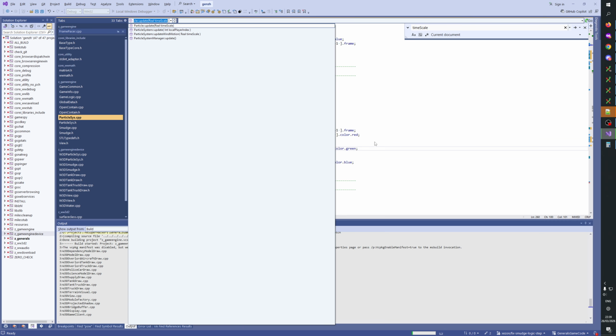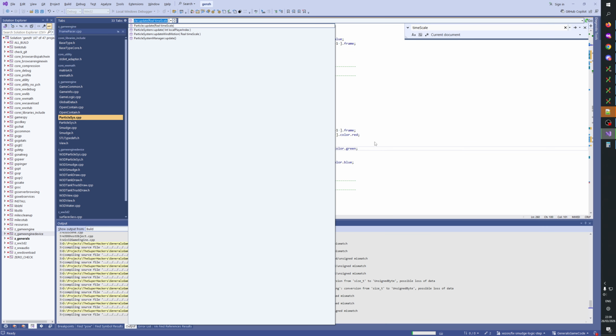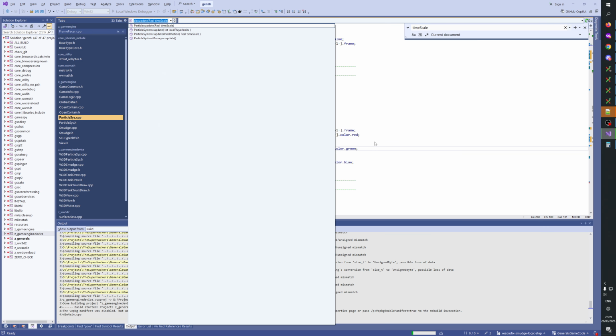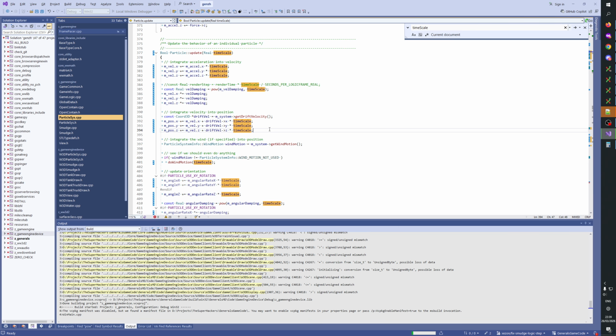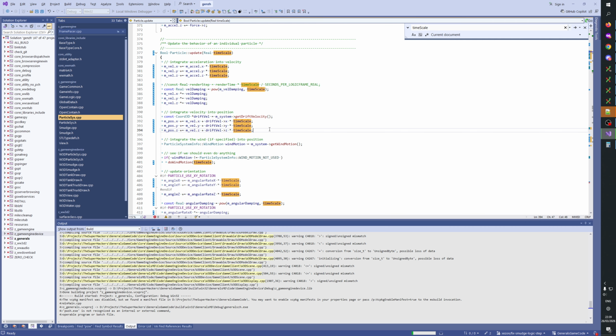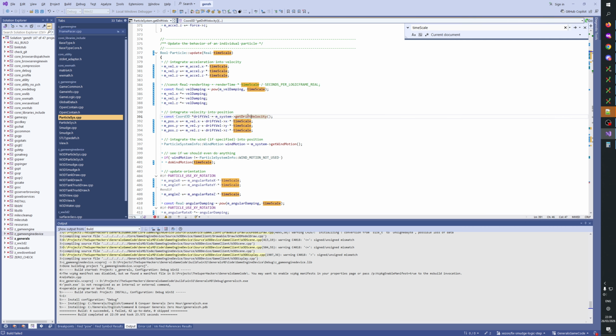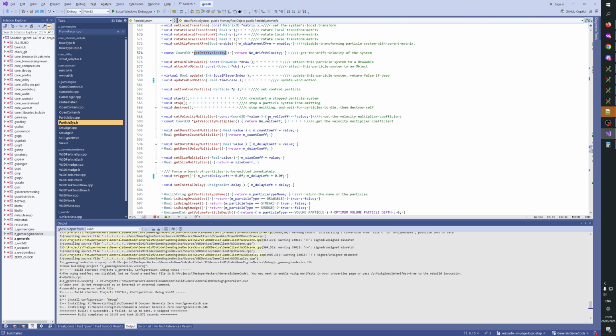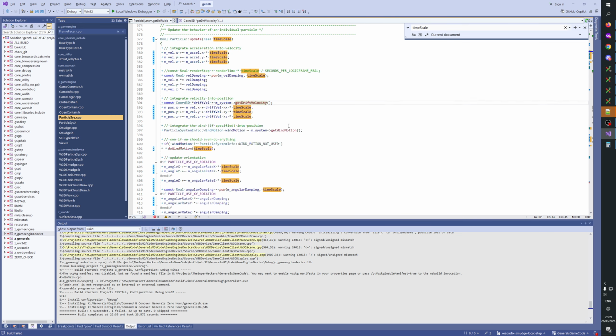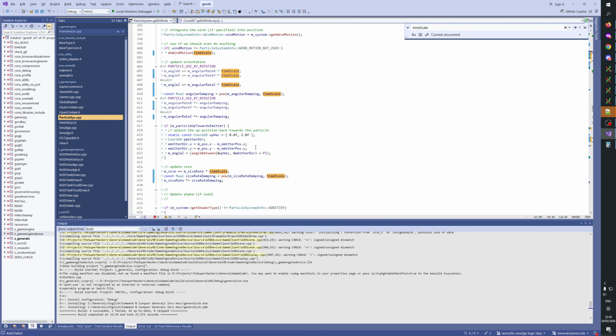Particle update. Yeah. Okay, drift velocity. What is this? Drift velocity. Angular damping.